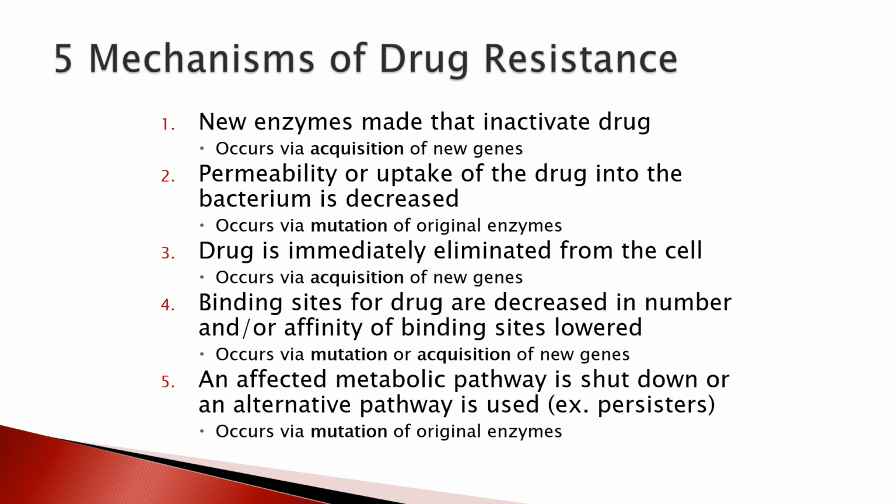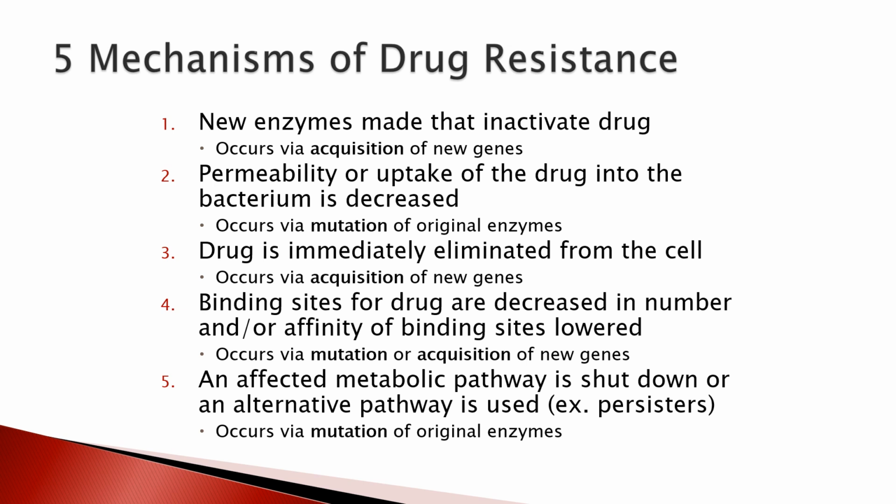Next is that the binding sites for drugs are decreased in number and/or the affinity of the binding sites is lowered. Remember that the binding sites are kind of like locks where a key has to fit the lock. So what we're saying here is that the lock is changing, or we're changing the number of locks.